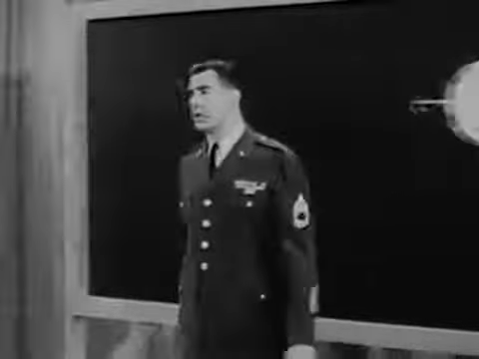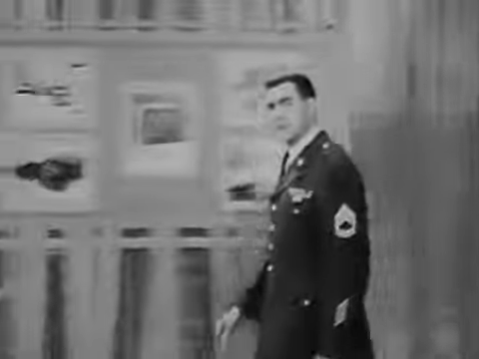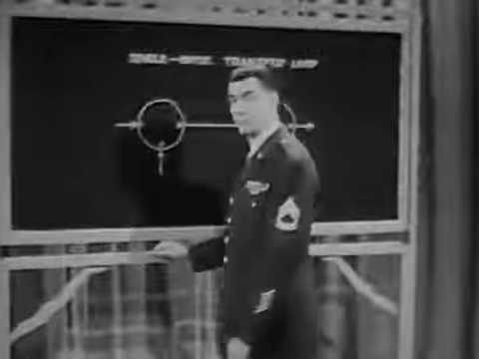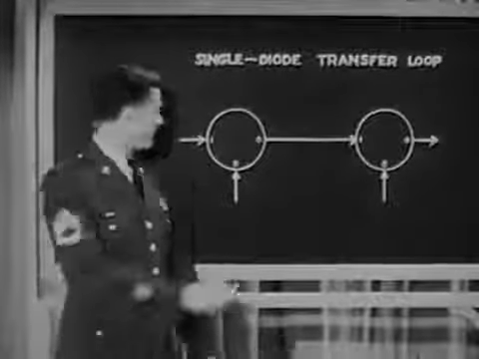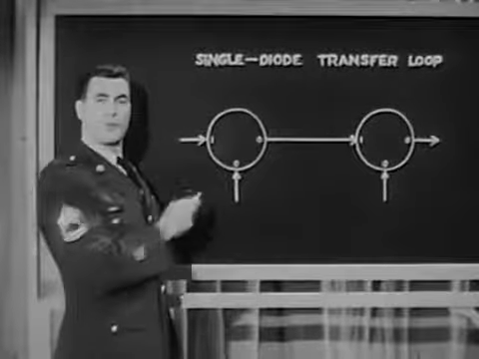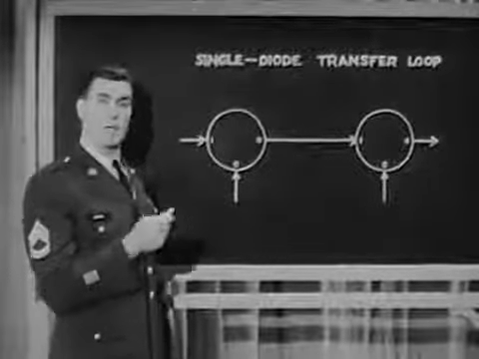Now let's take another look at the logical diagram of the single diode transfer loop. It gives us the whole story very quickly. An input pulse sets the first core to binary 1, unless it's there already.